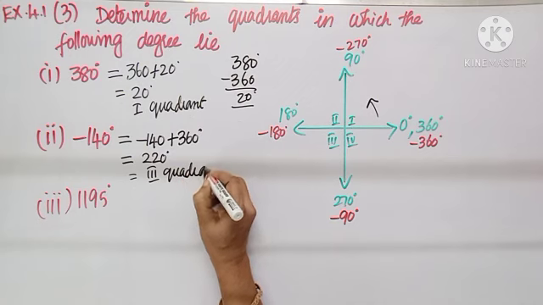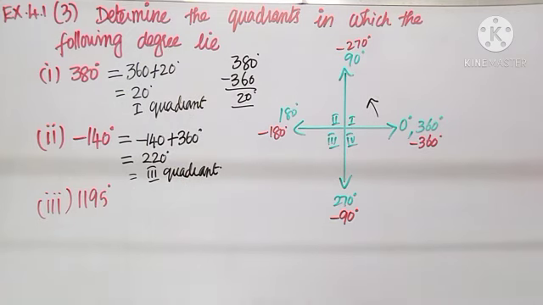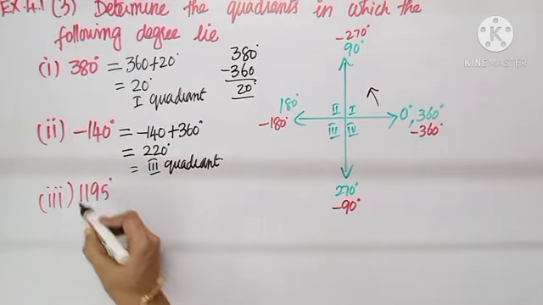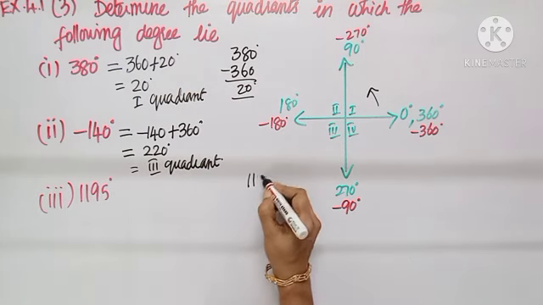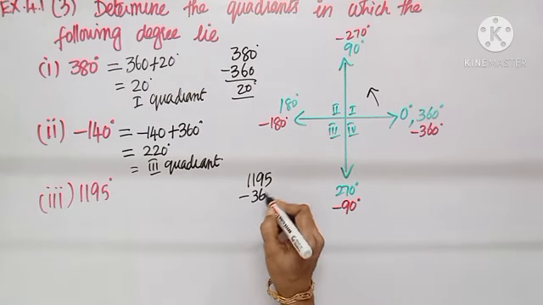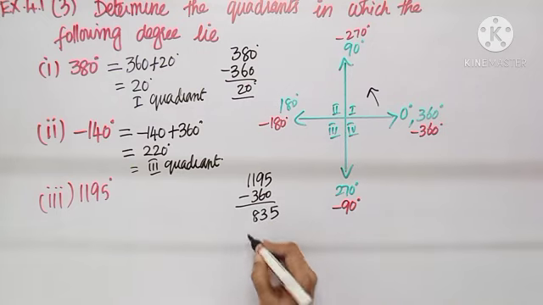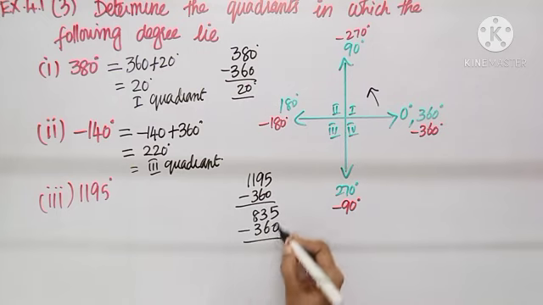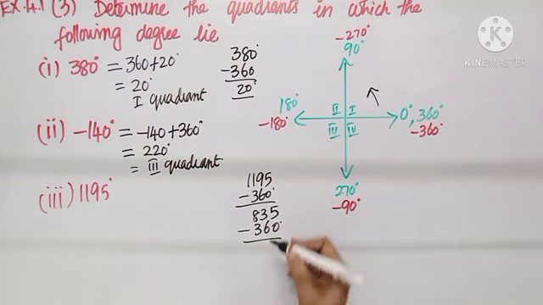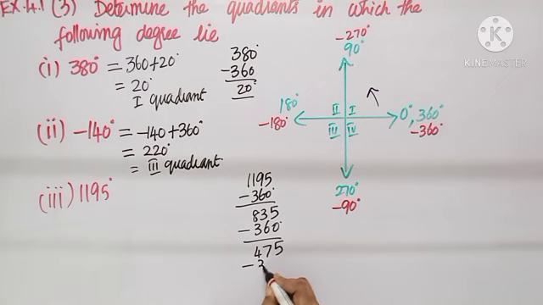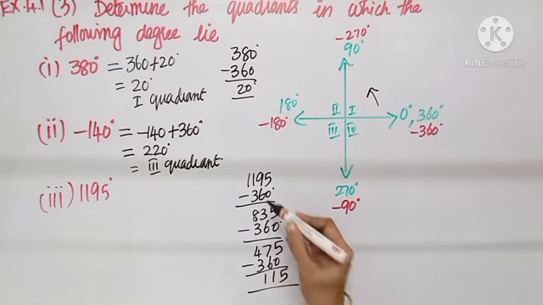The next answer, 1195. Again this is bigger. So 1195 subtract 360, I get 835. Again subtract 360 because it is more than 360. I get 475. Again subtract 360. I get 115. How many times did I subtract 360? 1, 2, 3.